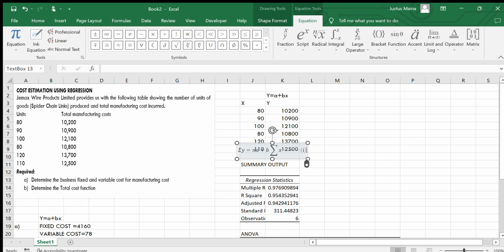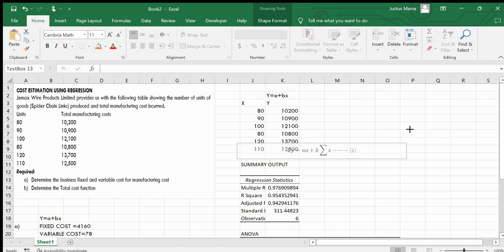But we require equation 2, so let's have it here. This is equation 1.